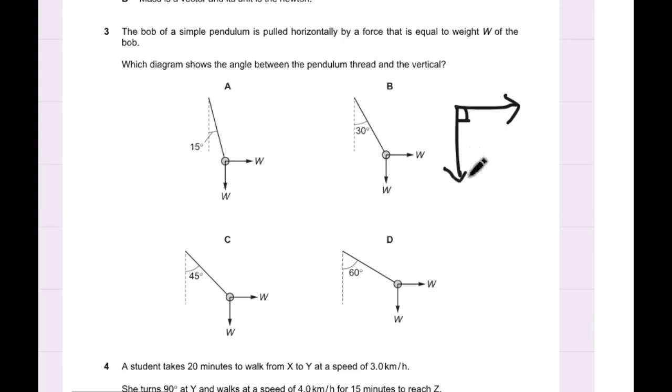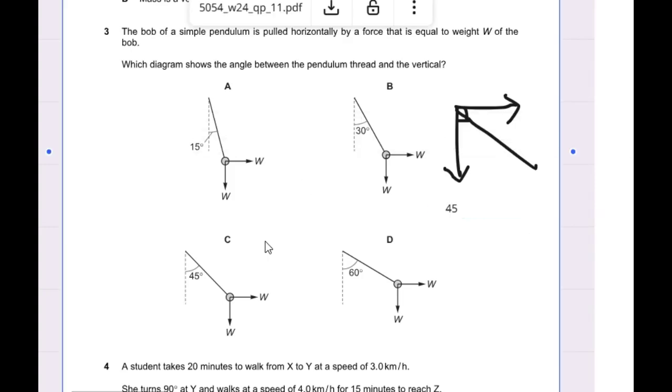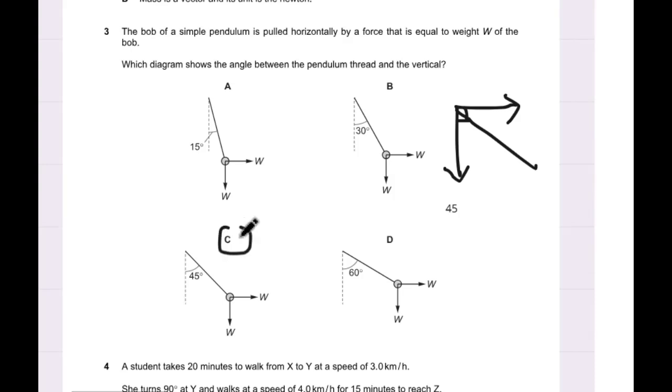Since these two forces are equal, the resultant will be right in between the two forces. So we are splitting 90 degrees in half, 90 divided by 2 is 45. So the angle will be 45 degrees, and the answer is option C.